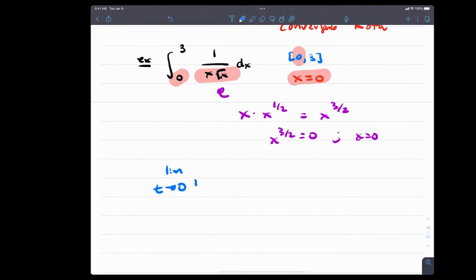Limit as t goes to 0 from the right. Integrate from t to 3. And this will be 1 over x to the 3/2 dx.